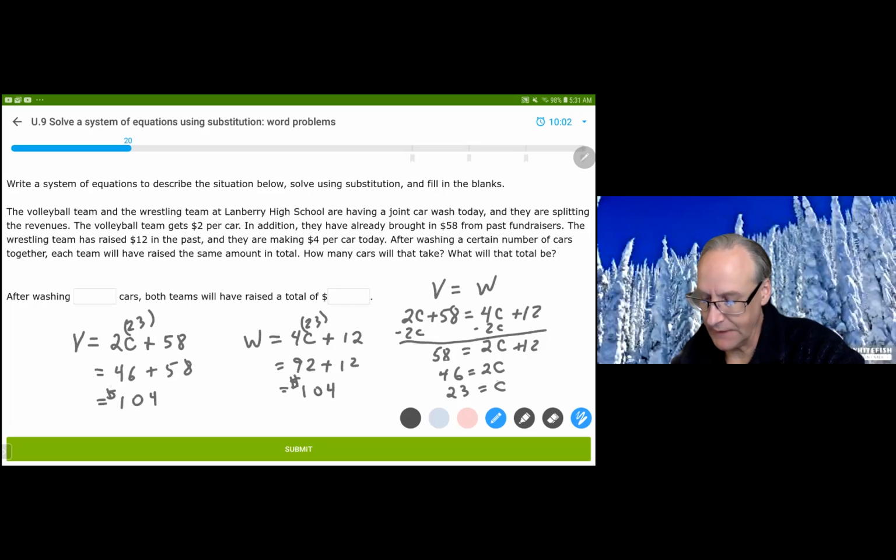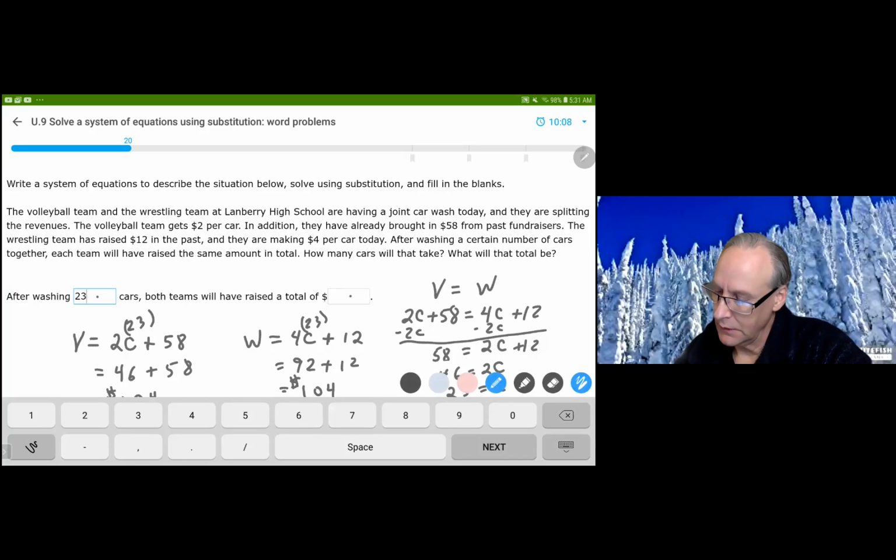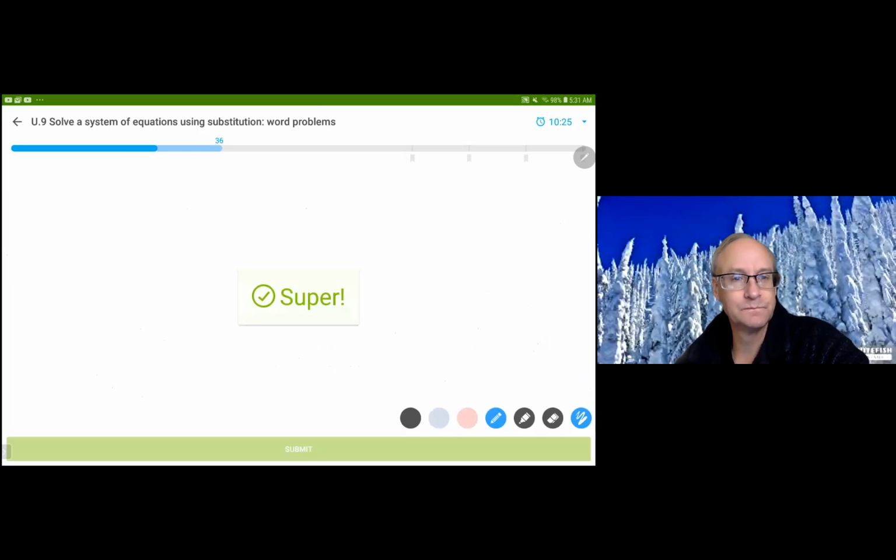This is how much money they have in their accounts. So after washing 23 cars, they will both have a total of $104. Okay, guys, be careful. Like I said, it's really easy if you miss a digit, if you make a small error, but you can check your answer, which is really nice.